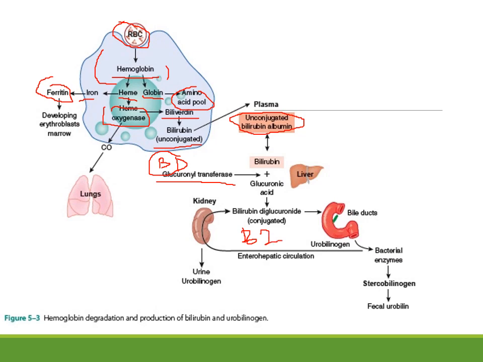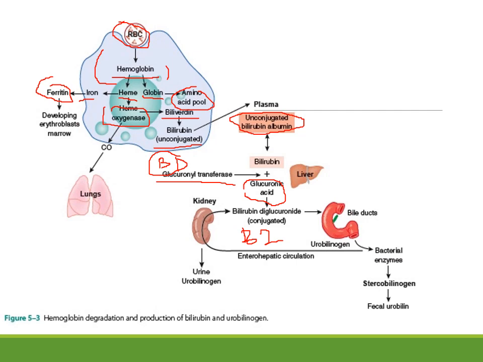Your bilirubin 2 is again conjugated, and it's the direct form of bilirubin. This type of bilirubin is classified as conjugated because it is attached to glucuronic acid. That's why the name of this particular bilirubin is bilirubin diglucuronide.